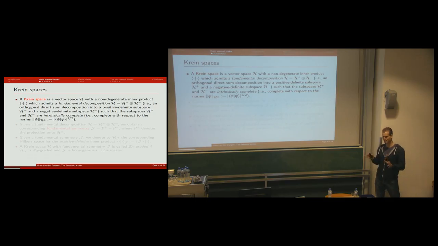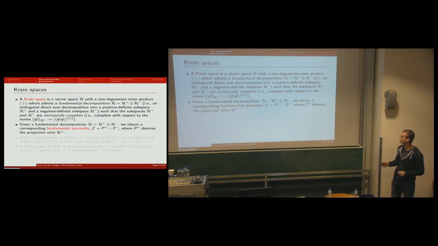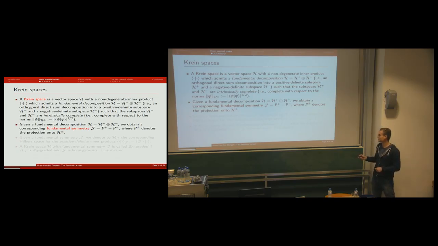And on each of these definite subspaces, the inner product does define a norm, and then you can require these subspaces to be complete in this norm. So that's what we do. All right, given a decomposition, you automatically get what's called a fundamental symmetry. It just acts as +1 on the positive definite part and -1 on the negative definite part.